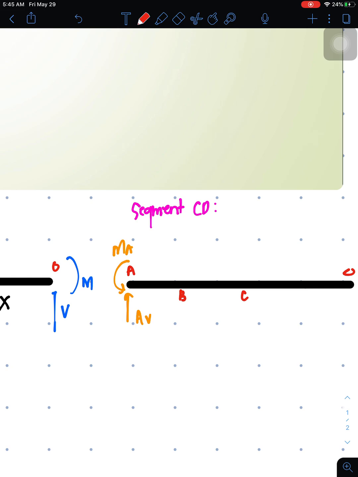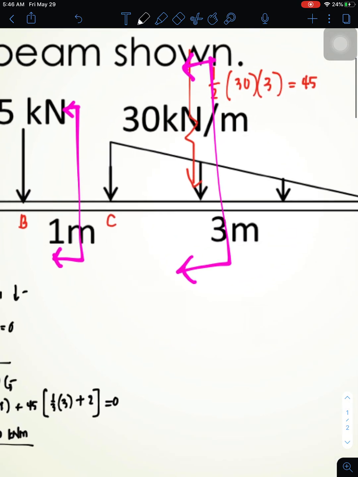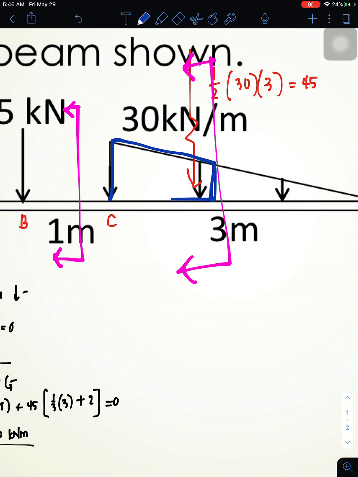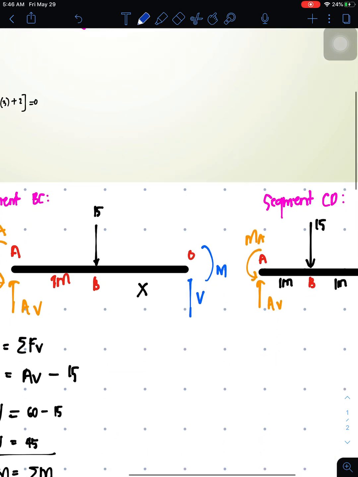So with this, we can now return the 15. This is 15, and you have 1 meter, and another 1 meter, and then from point O to point C you have X. And then let's just copy what we saw in the figure. What we saw is this one, a trapezoid.